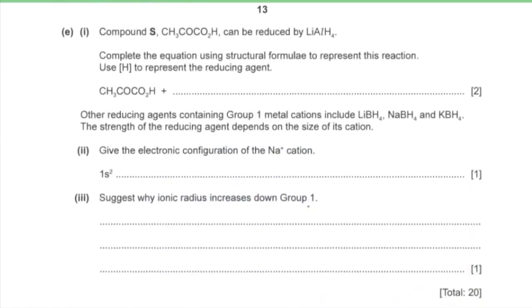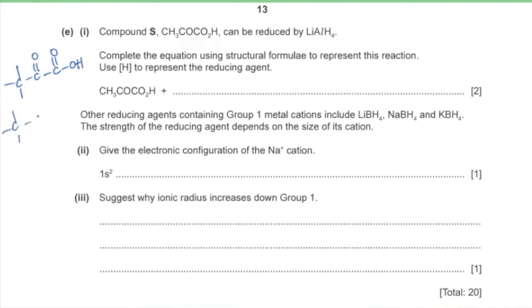Part E, part 1, compound S can be reduced by LiAlH4, which is a reducing agent. Complete the equation using structural formulae to represent this reaction. Use H to represent the reducing agent. So compound S has a displayed formula of CH3, C=O, and COOH. Now this one reacts with LiAlH4. This ketone group will reduce to a secondary alcohol.